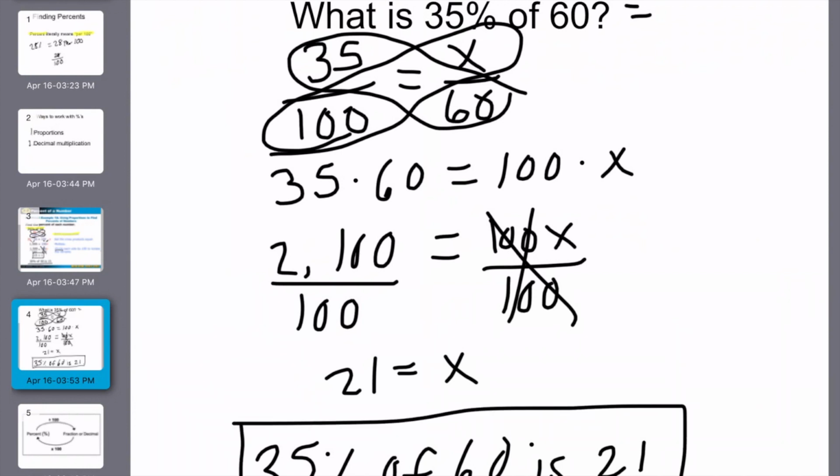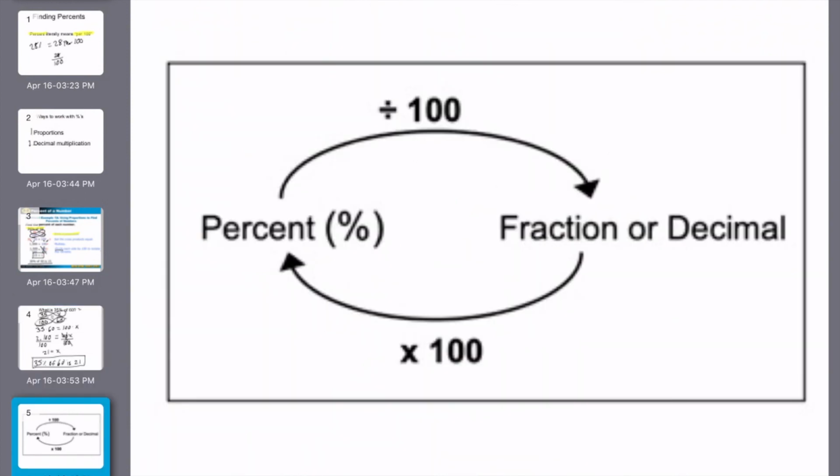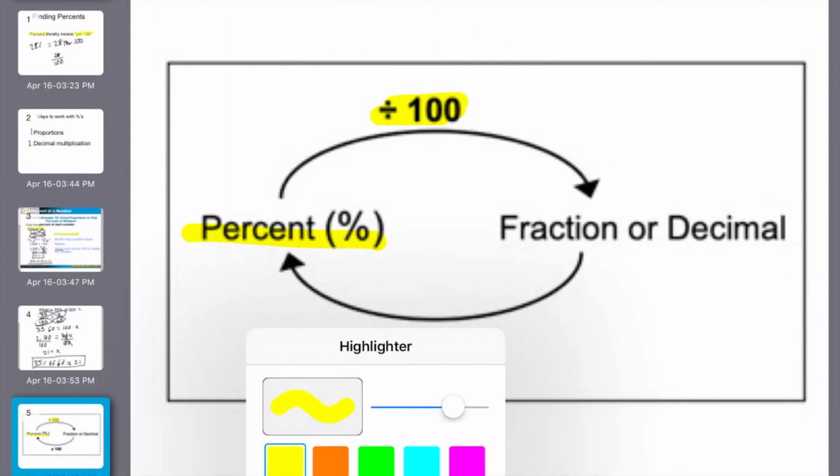All right, let's move on. I thought it was really important for this next part, when it comes into decimal multiplication, to know how I can make a percent into a fraction or into a decimal. In this case, if I have a percent, the only thing I have to do is take that percentage and divide it by 100 in order to get my new fraction or decimal.